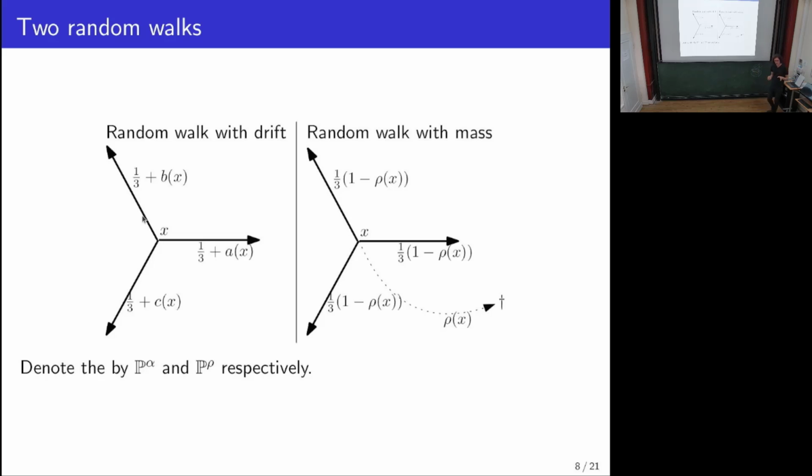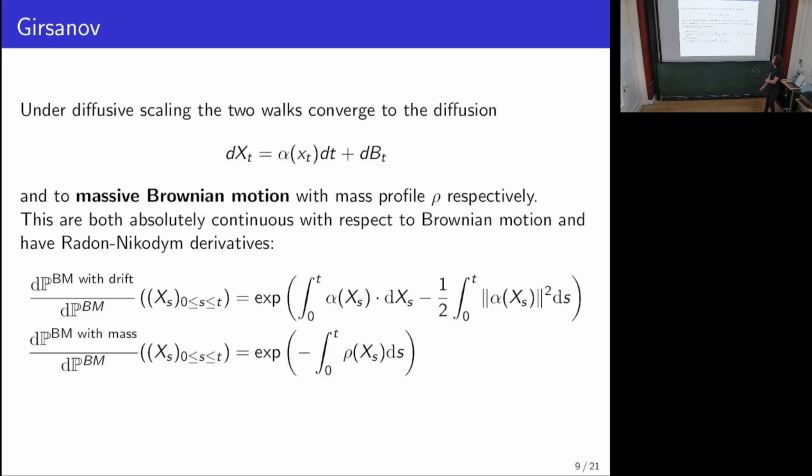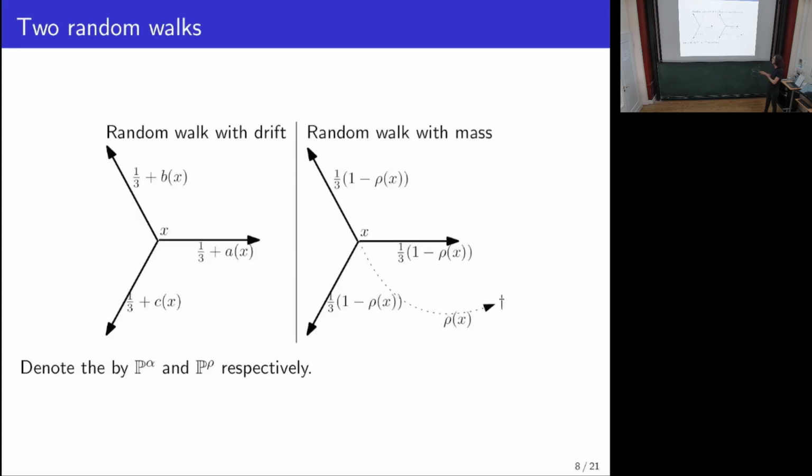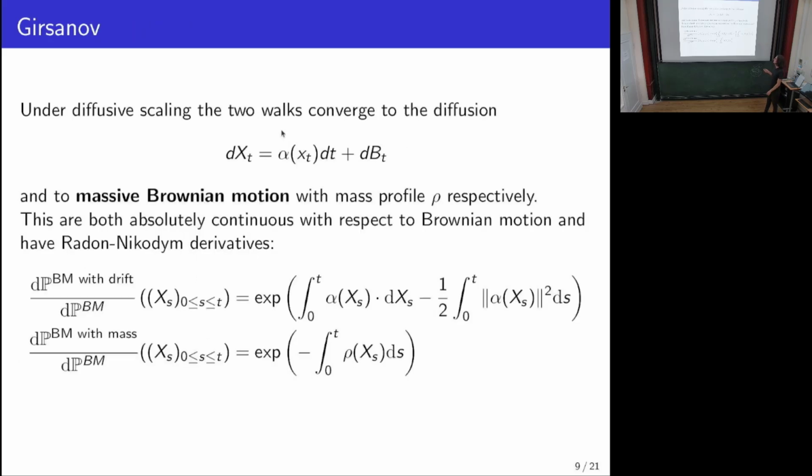Okay, so I will explain the connection of these 2 random walks, first by going to the continuum and explaining the connection between the continuous analogs. So if we go to the continuum, then the random walk on the left, if we assume that these A, B, and C approximate some continuous, smooth enough drift function, then we will get this scaling limit of the walk on the left, a solution of an SDE.